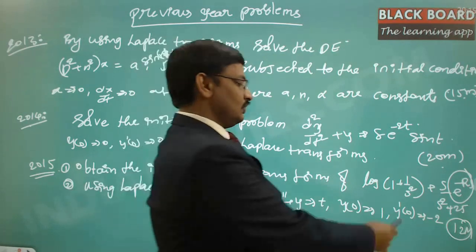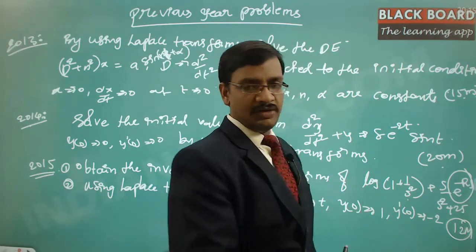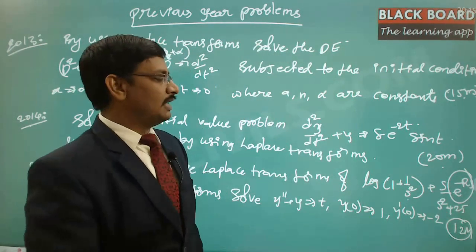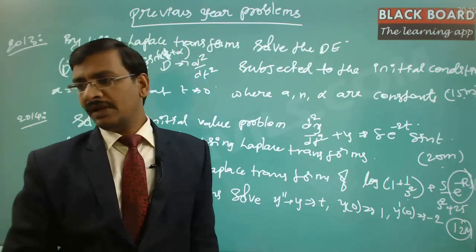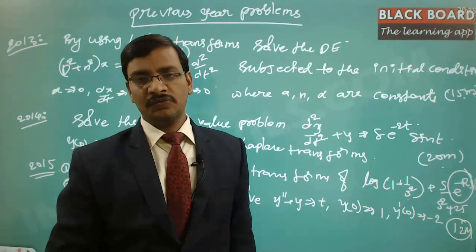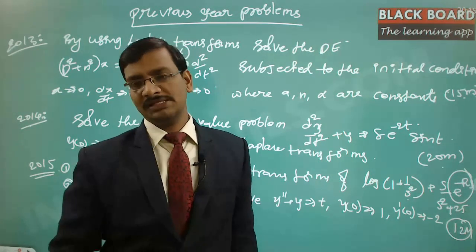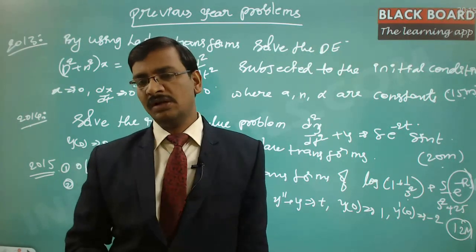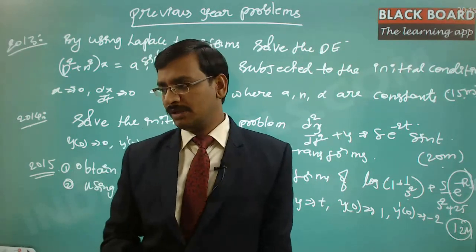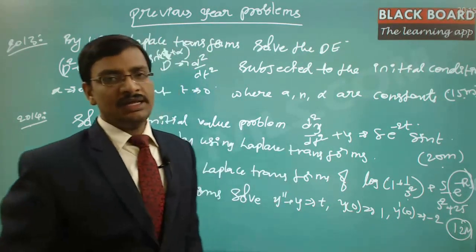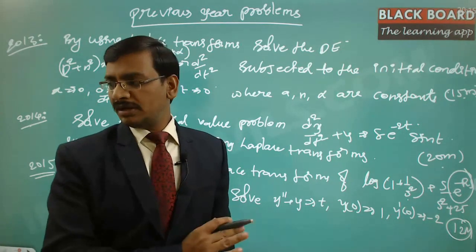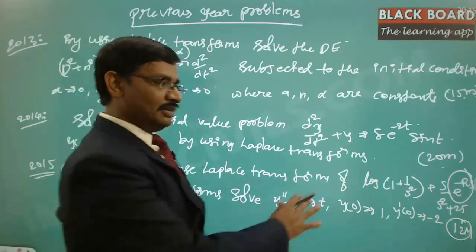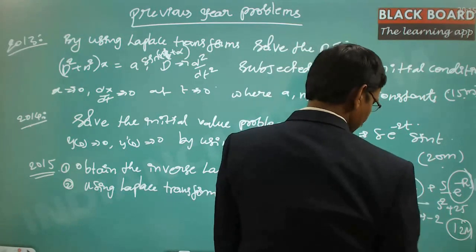And then this you can write as s square plus 1 divided by s square, and then log of 1 plus s square minus log of s square. If you take the derivative of it, then it is going to be 1 by s square plus 1 and 1 by s square, for which you will be able to find the inverse Laplace transform. And as the derivative is equal to t into f of t, this model we have already solved, and with the log only we solved, so this was also covered.